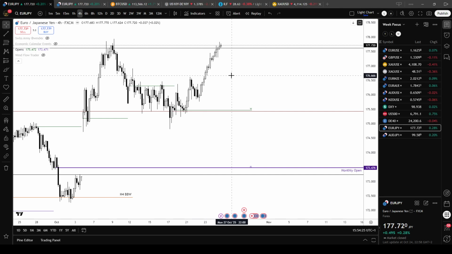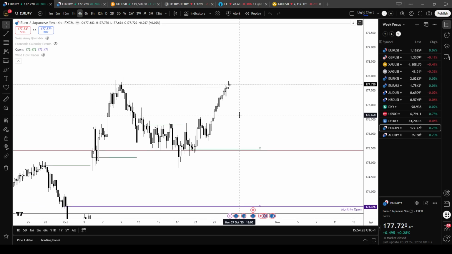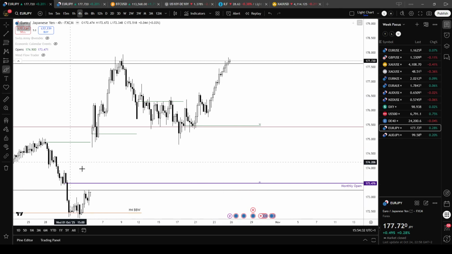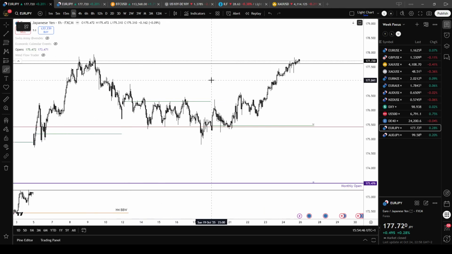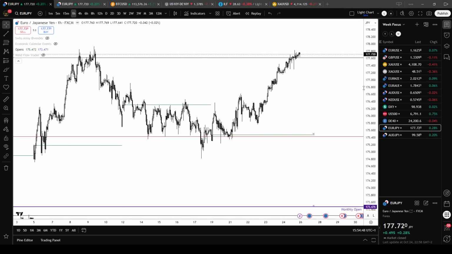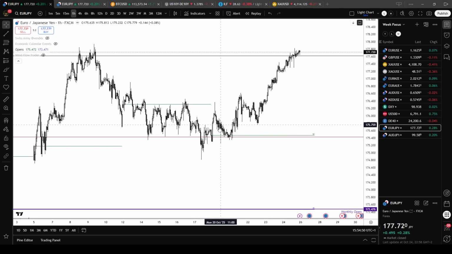I'm just gonna go over EURJPY really quick because we had this open, this massive gap here, and price was unable to close it. In fact, I think it trapped a lot of people who wanted to get short this last week, and price wasn't even able to trade significantly lower than the weekly open.